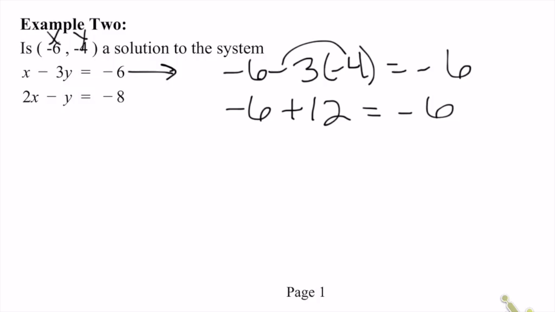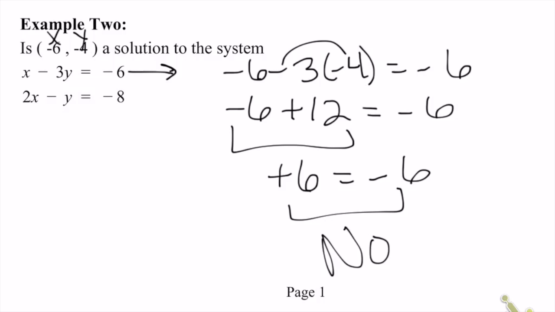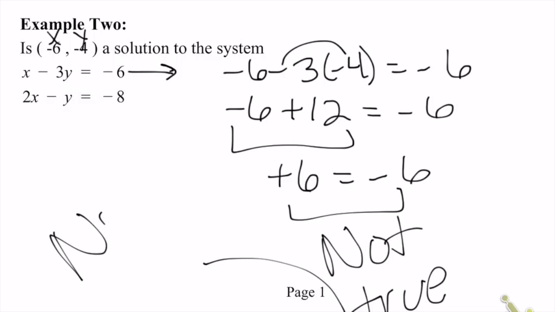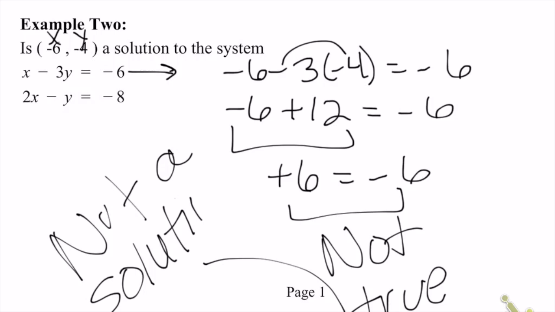Negative 6 plus 12 gets you a positive 6. But it's supposed to equal negative 6. Well, that's not true. So, this is not a solution.